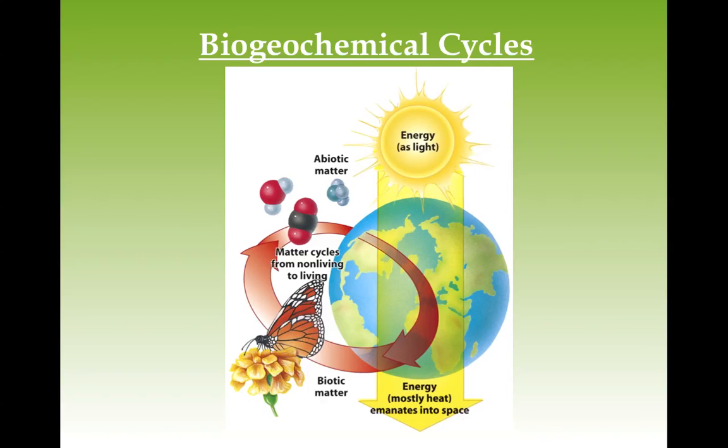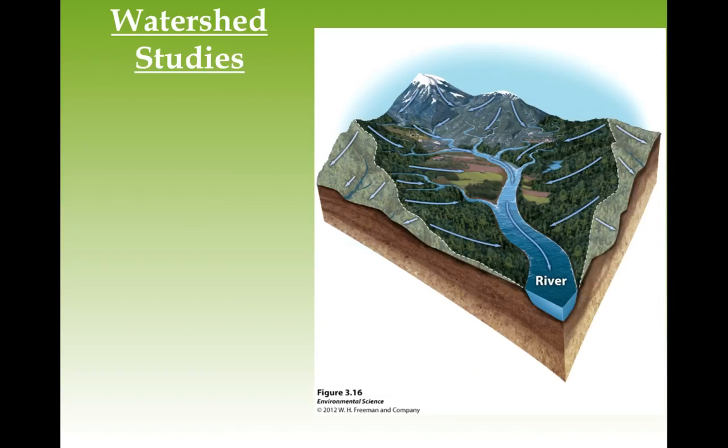So with biogeochemical cycles, you have different elements cycling in nature, in the abiotic and biotic components of our ecosystem. And basically from that, in terms of what scientists can understand about our ecosystem, it's very hard to study an ecosystem at large scales, as we talked about.